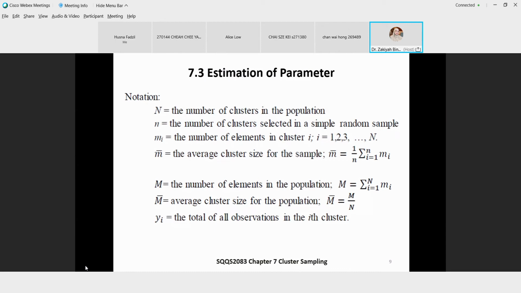And then we have new notation. M subscript i: the number of elements in cluster i.